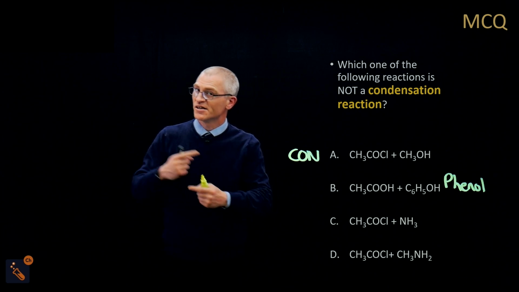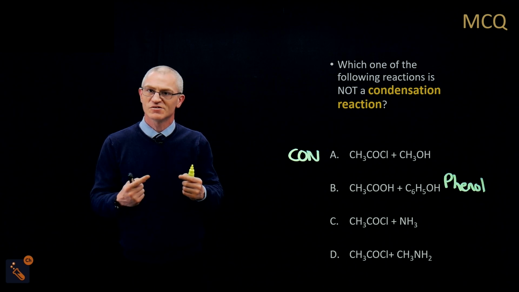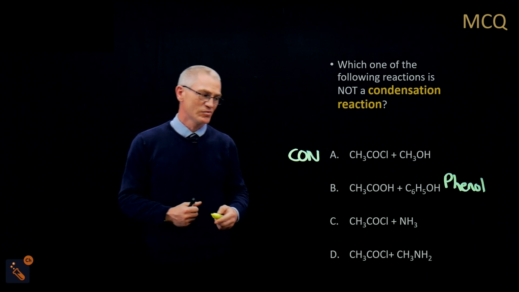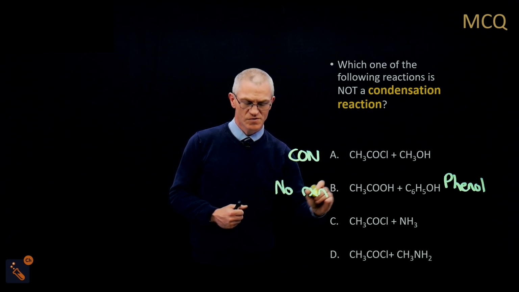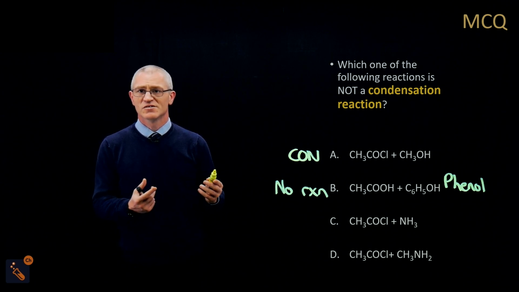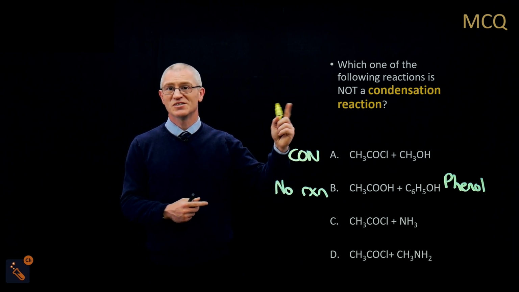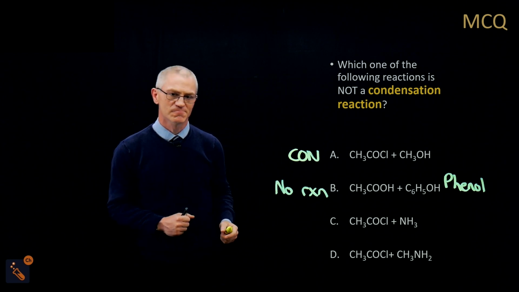Now go back. Does a phenol and a carboxylic acid react? Well, the answer is it doesn't react in the first place. So essentially, on that one, there is no reaction. Okay, so there's no reaction at all on that one. So we know that's not a condensation reaction because it's not a reaction in the first place, but let's carry on and do the rest just in case.